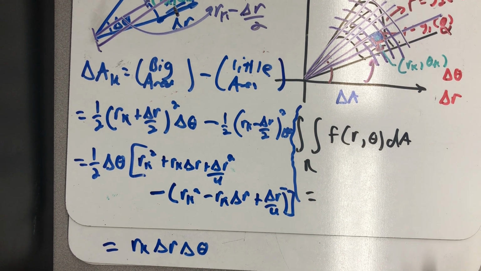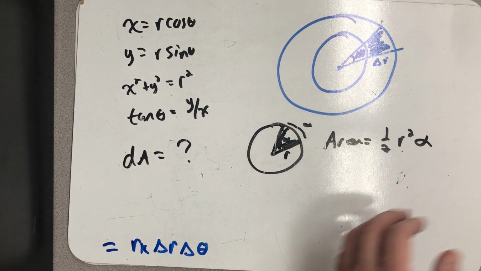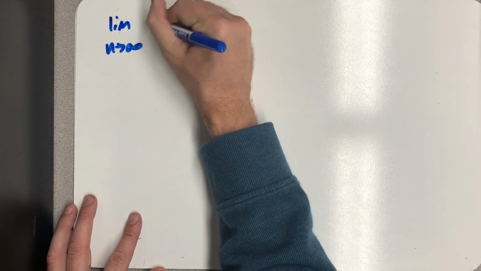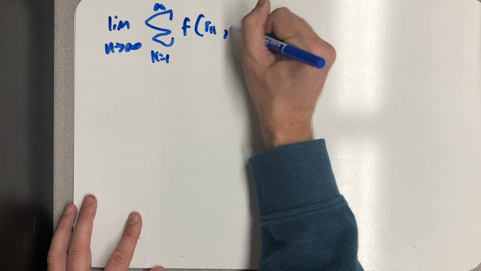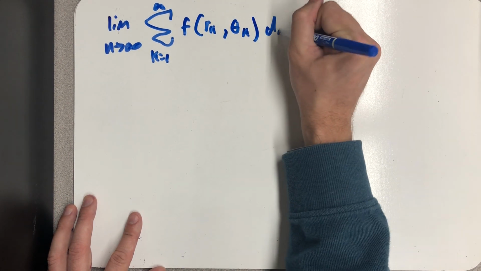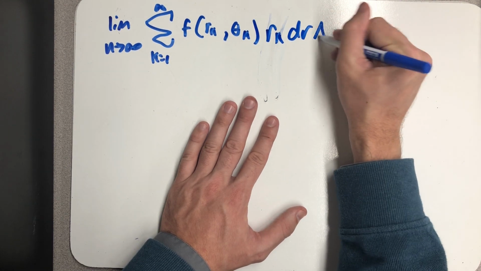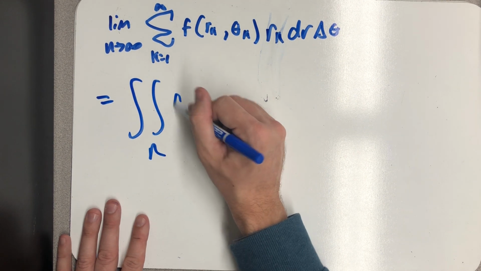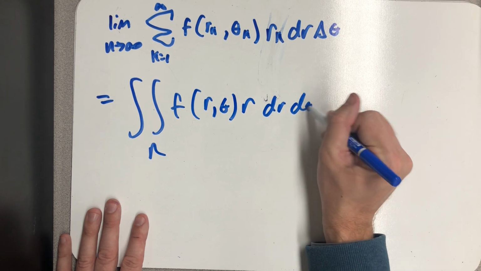And now if I think about putting it all together in a Riemann sum, I'd be evaluating my function at that sample point, times dA, but we just found out that was rk delta r delta theta, which tells me that the double integral I'm working with is an f of r theta r dr d theta.